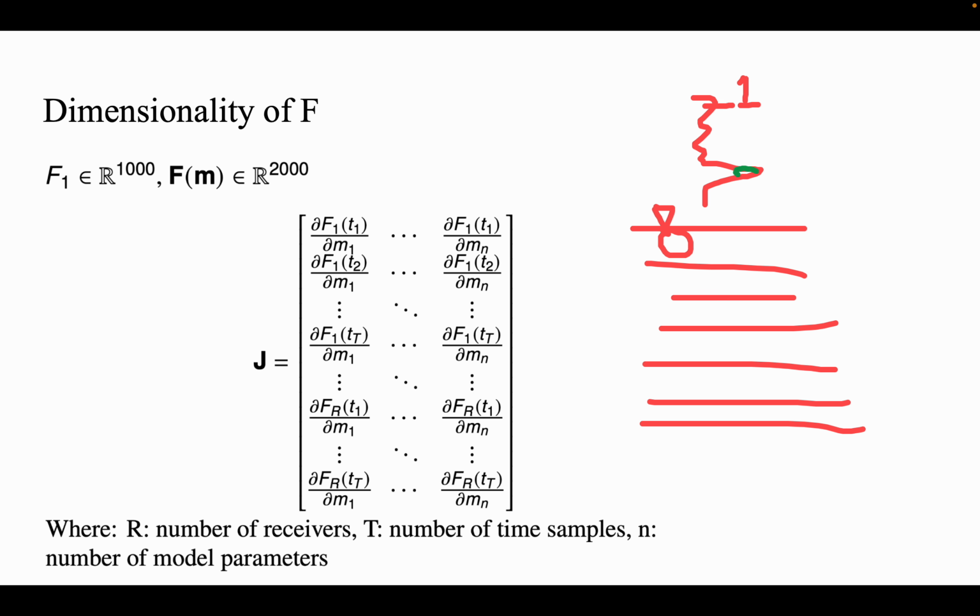Whereas the deeper sample will reflect the information from the deeper layer. So when I do a derivative of the first sample with respect to m1, that will be small, but when I do it with the last sample and the last layer, then it will be large.